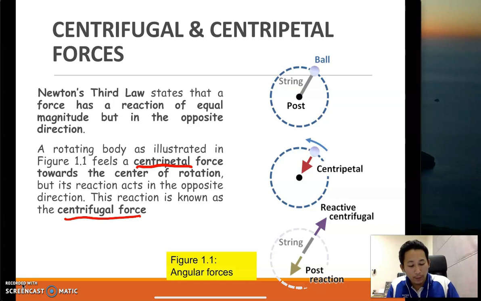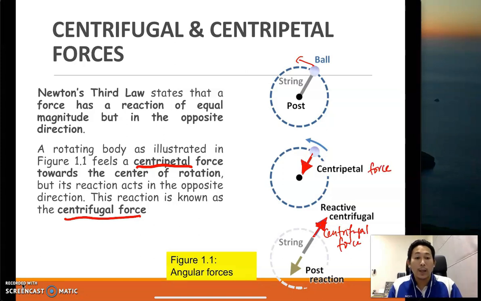If the ball rotates counterclockwise, the centripetal force is going towards the radius, the center of rotation, while the reactive force in the opposite direction is the centrifugal force. So this one is the centrifugal force, while the other one is the centripetal force, which is going towards the center of rotation.